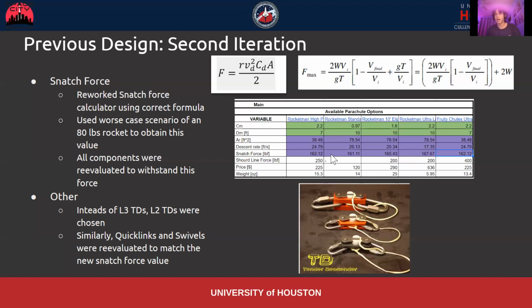They did not have to be so strong now. That's why we went with 1,000 pounds. As before, when we had 3,000 pounds, we needed all of our components to be able to withstand 3,000 pounds of force. And then some of the other things we changed, we went from the L3 tender descenders, which are rated for like 6,000 pounds, to the L2 tender descenders, which are rated for 2,000 pounds. And same thing with quick links and swivels.